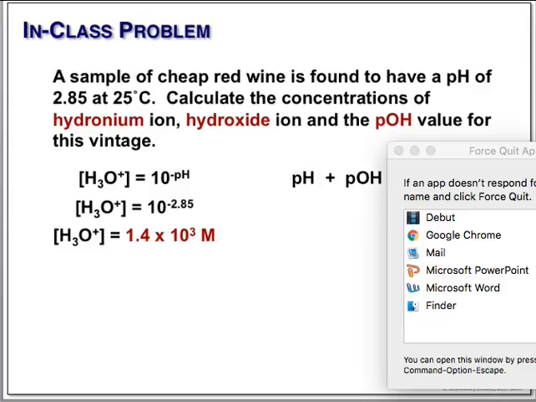Oh, I get it. pH plus pOH is always 14. And we know the pH, so what is pOH? Just subtract them, right? 11.15.